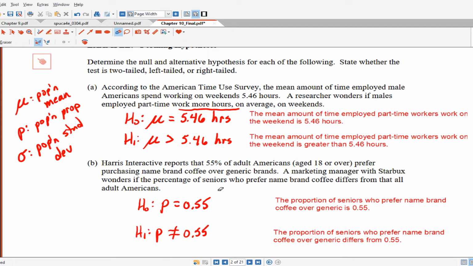So seniors are also going to prefer name brand at a clip of 55%. That's your null hypothesis. And then your goal of the research is to see if seniors differ from all adult Americans. And the phrase differ implies different, implies a not equal to alternative.